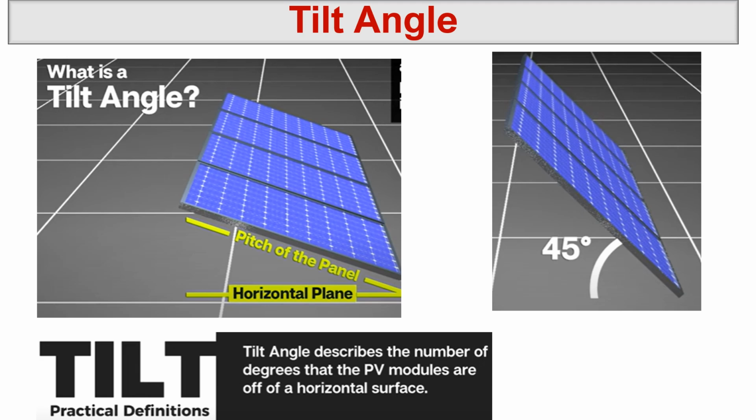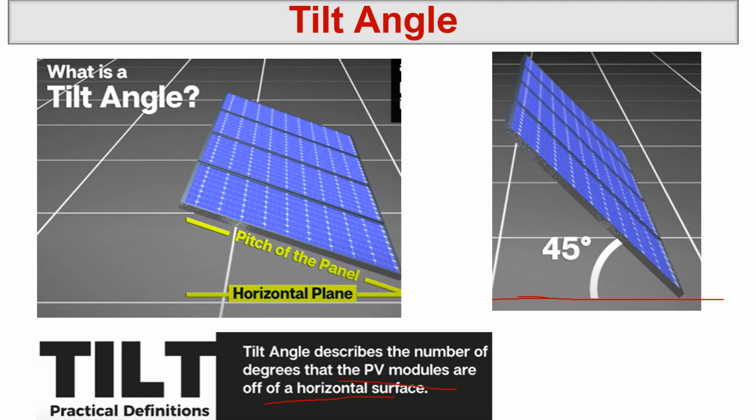The tilt angle here, you can easily understand: how much we are tilting the panel from the horizontal axis. That's the tilt angle. Very simple. It is the number of degrees that the solar PV is off the horizontal surface.